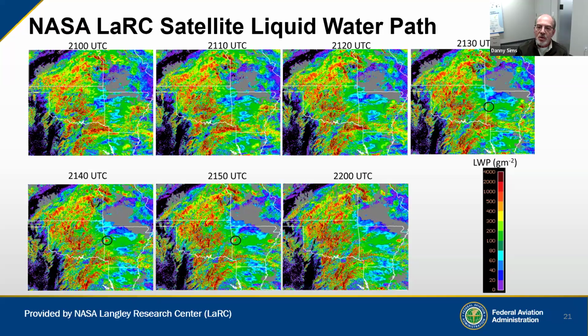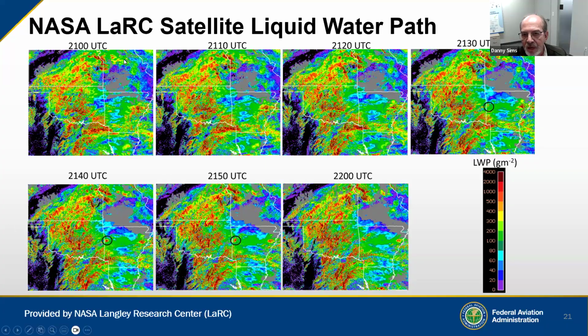We then also had our partners at the NASA Langley Research Center. They ran some of their experimental satellite products that are not available operationally, not available in real time. A lot of the information, though, a meteorologist could take a look at, especially in post-analysis. This one is showing the liquid water path.